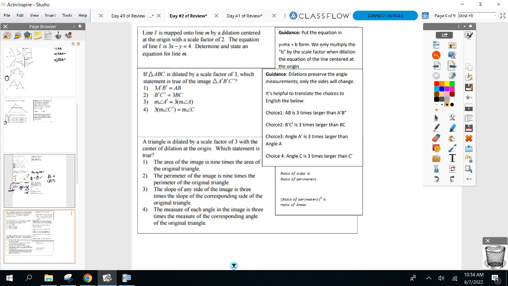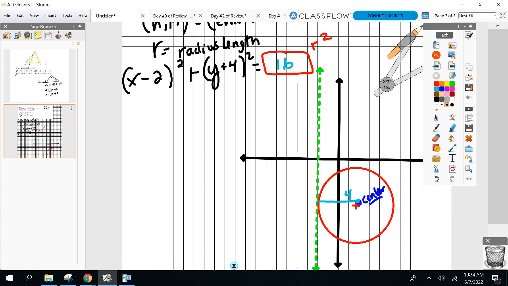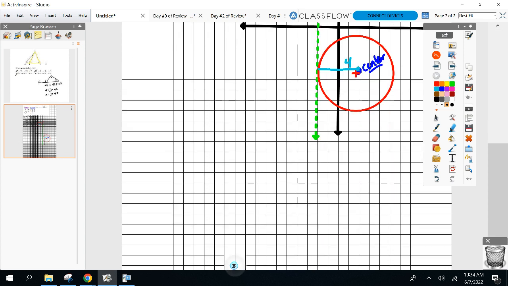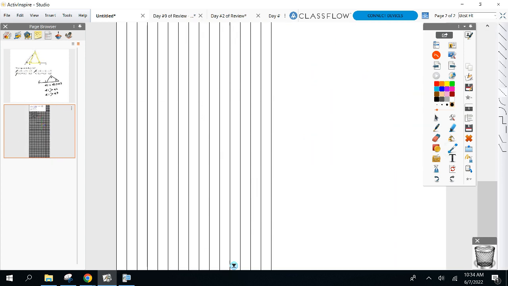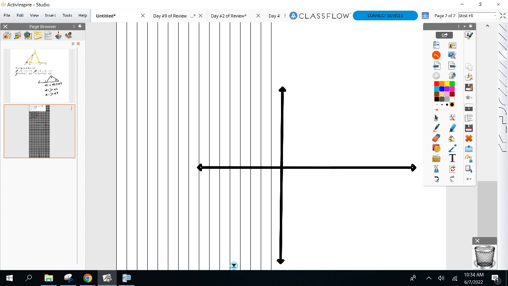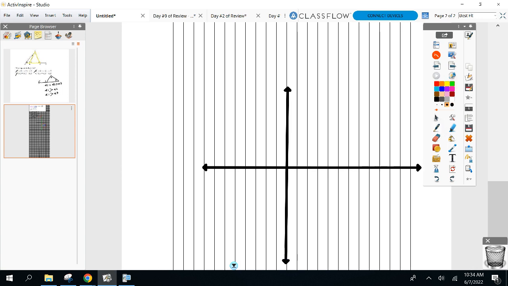Dilations. Okay? Real quick review, so we don't get nuts here right out of the gate. Quick review before we answer any of these questions. When I dilate a line, that doesn't mean it gets physically bigger or smaller.